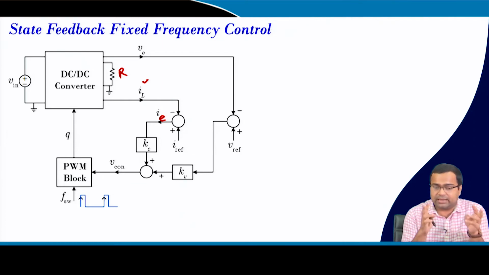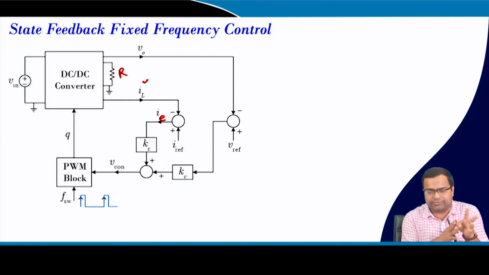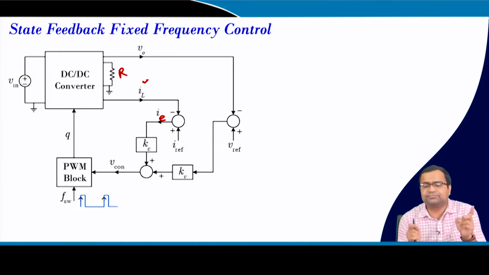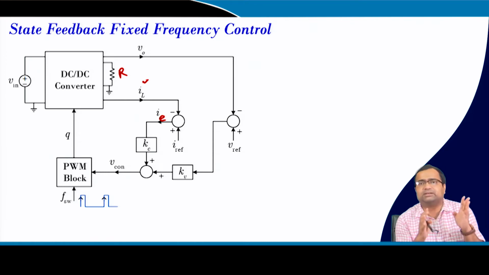If we are talking about a buck or a boost converter, there are two state variables, because we have one inductor, one capacitor, and generally we take the current through the inductor as one state variable and the voltage across the capacitor as another state variable. In this case, we are taking output voltage, which is more or less the same as the capacitor voltage.